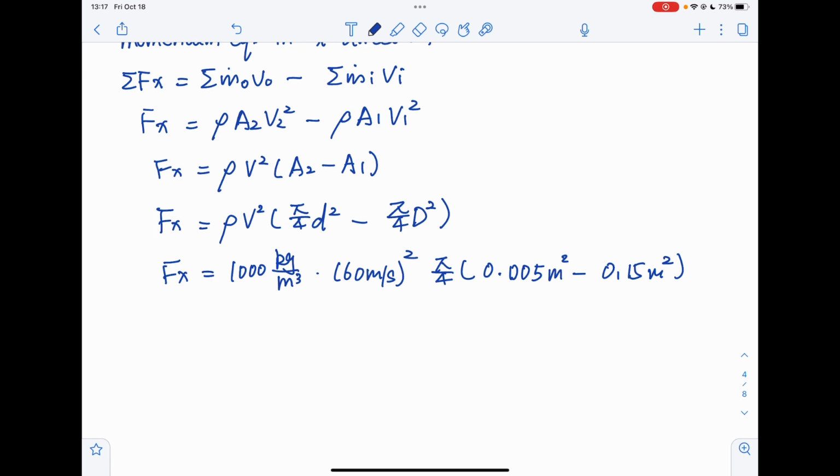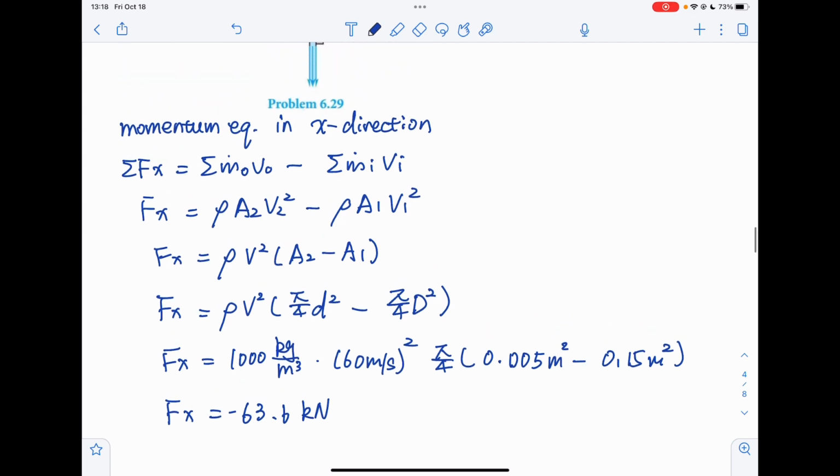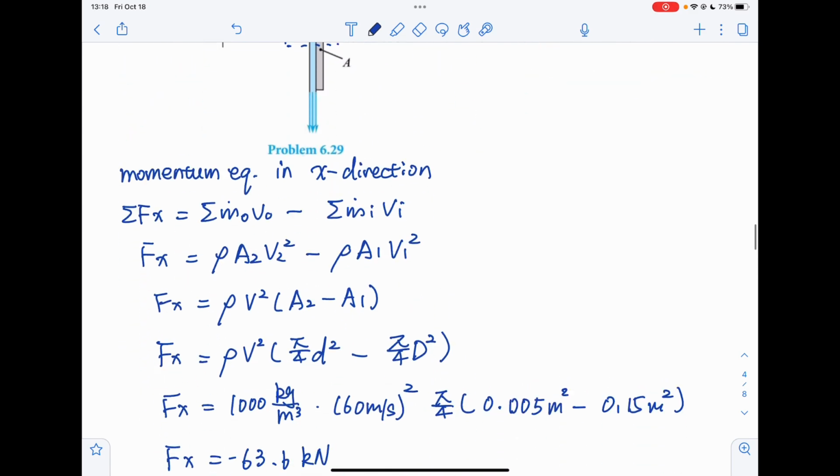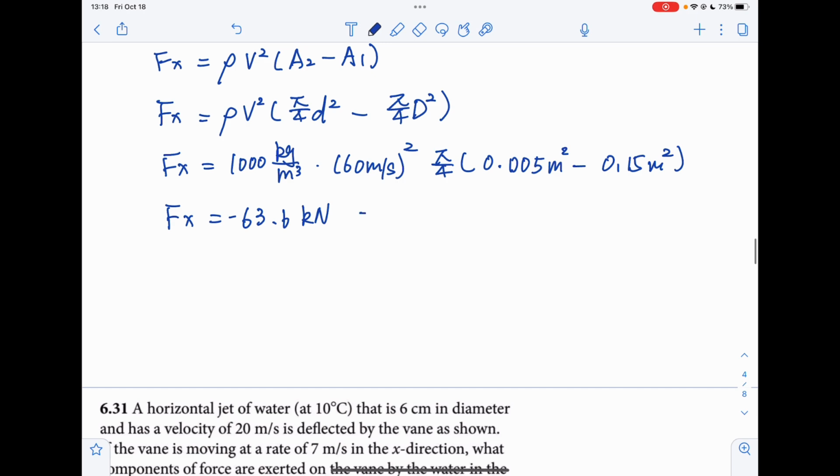Okay, so our Fx will equal negative 63.6 kilonewtons. Because the sign is negative, it's in the negative x direction, so it's to the left.